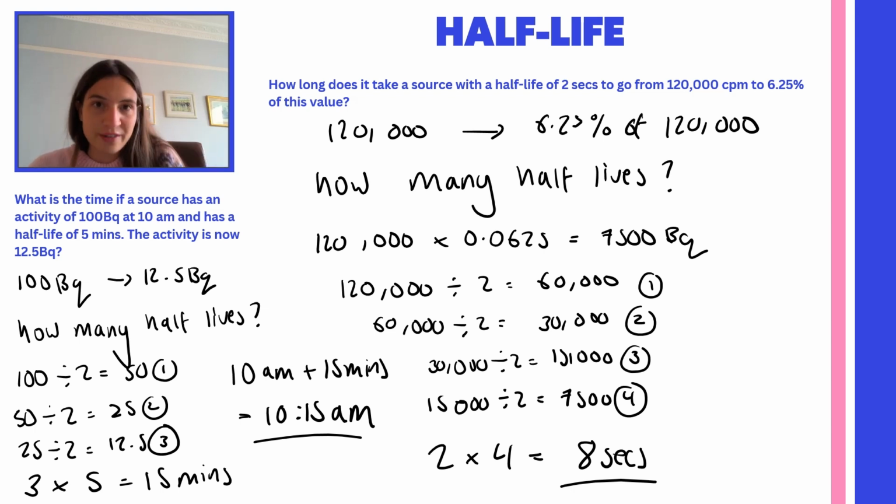So once to 50, twice to 25, 3 times to 12.5, and 4 times for the 6.25. And I would have found 4 half-lives doing it that way as well. And that way probably would have been a little bit quicker. Okay, but for completeness, I wanted to figure out what 6.25% of 120,000 was and follow it through this way.